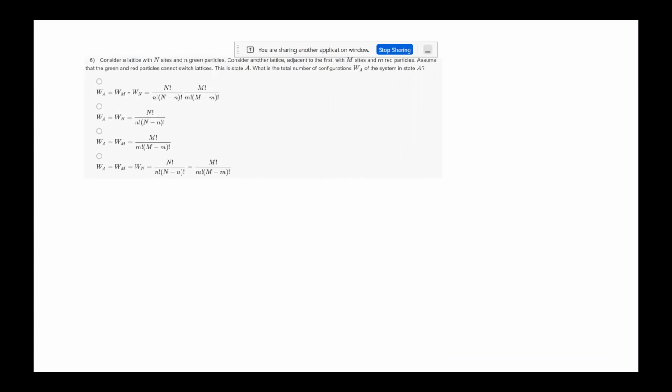Okay, so this is one lattice, and there is a particle.